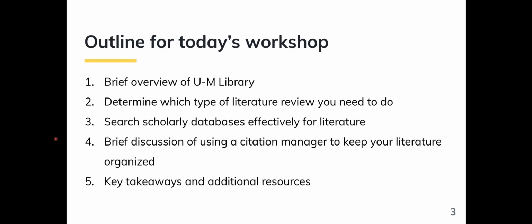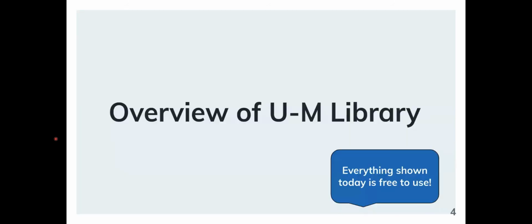Talking about strategies for effectively searching scholarly databases for literature. That is really important because you can waste a lot of time and energy by not searching them very effectively. And then we'll have a brief discussion on how to use a citation manager or citation management software to manage your literature and keep it all organized, which can be a big hurdle. And then finally, some key takeaways and additional resources for you.